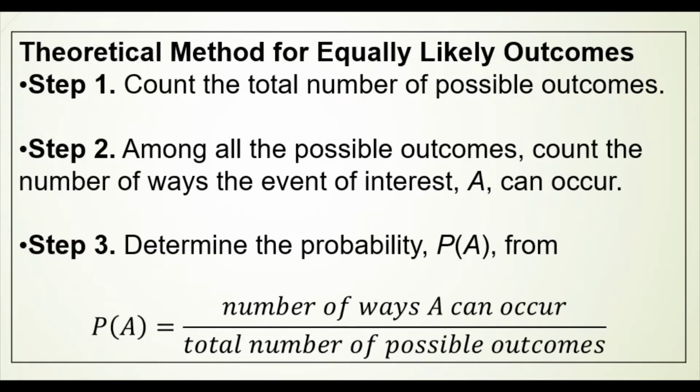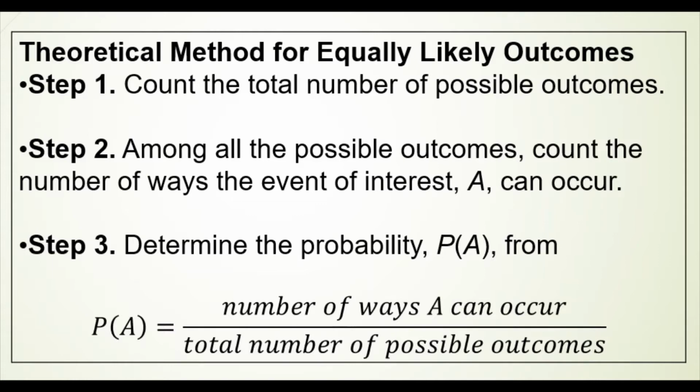All right, so the steps to finding probability using the theoretical method are, first, to count the total number of possible outcomes. That's what we did in lesson 2.1. We counted the total number of possible outcomes for a given trial or experiment or scenario.